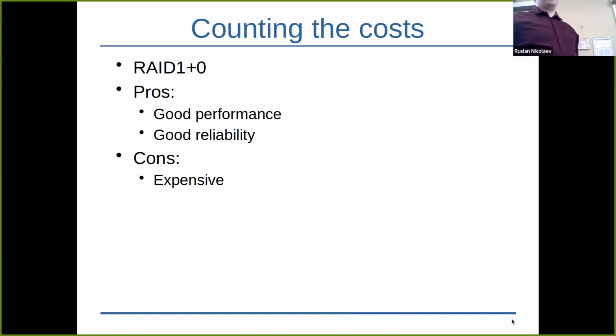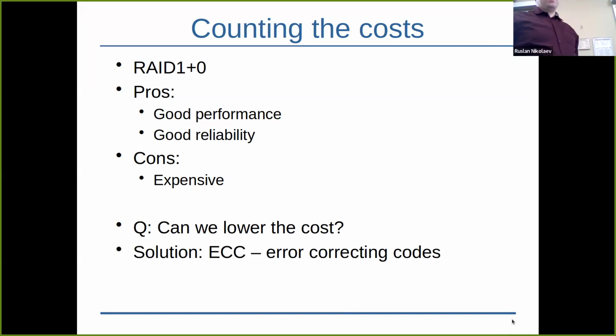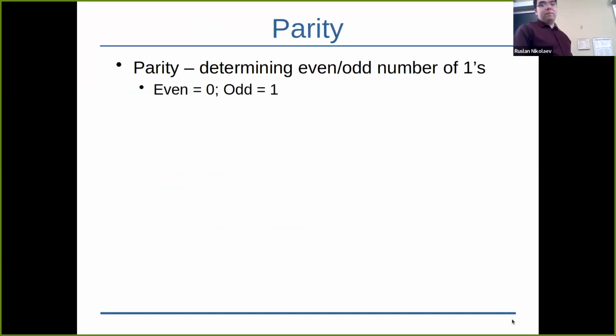So what else can you do? Well, we can lower the cost. We can use error correction codes, right? And one specific way we can deal with this is to use parity. So the parity will determine the odd or even number of ones.